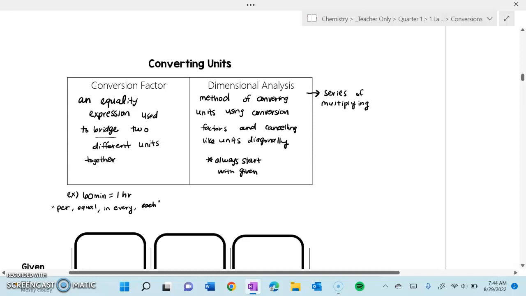So when you have a fraction with a number over a number and they're the same number, it's equal to 1 and it won't change the value of what you're working with. So we'll use a series of multiplying by 1 with different units in order to convert between them. And we'll write the conversion factors as fractions to accomplish this job.